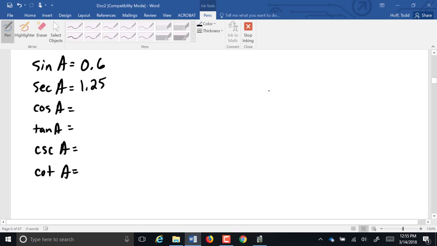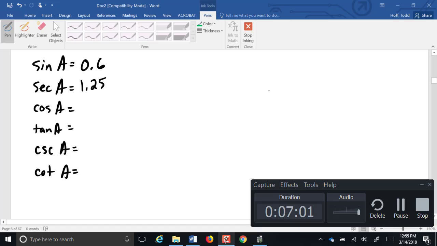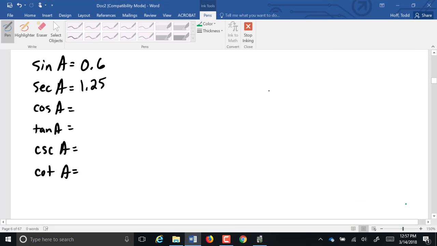I mean, we all know you can just do an inverse sine of 0.6 and find the angle. But I want you to find the functions without finding the angles. I'm going to give you a minute to try that. See if you remember how. So I even put these in an order that made them easy to find.